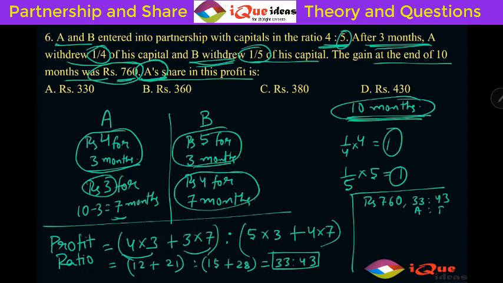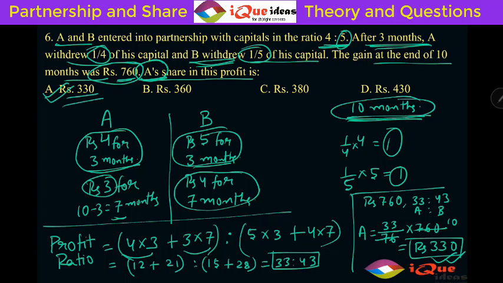That is A is to B. So A's share from here will be equal to 33 divided by 33 plus 43. 3 plus 4, 7, 3 plus 3 is 6, so it is 76, into 760. Good. So 76 cancels 760 10 times. 33 into 10 is rupees 330. That means the answer of this question is 330 rupees. If you look at the options, the first option is the correct answer, right? Rupees 330. Now let's take up the next question.